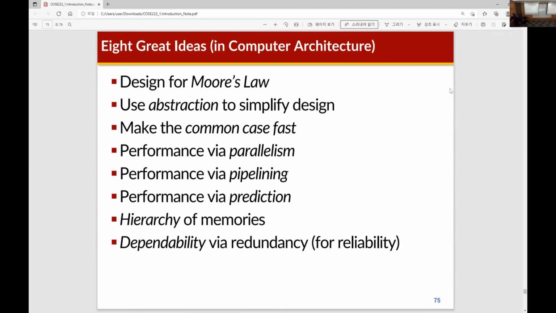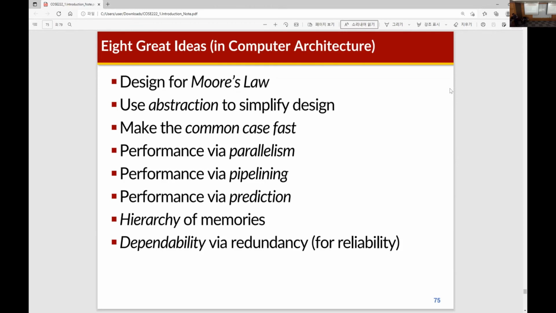We need to make the common case first. So what does that mean? Just find the common cases or common characteristics among the wide range of applications, and then just focus on this common case, making the common case fast first.